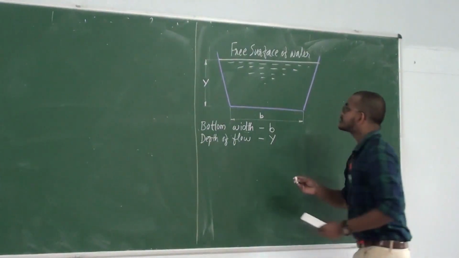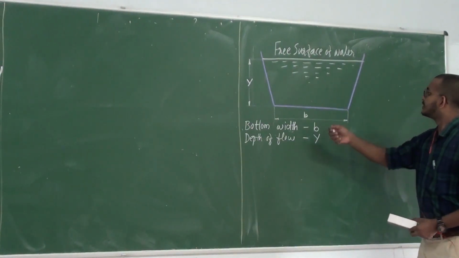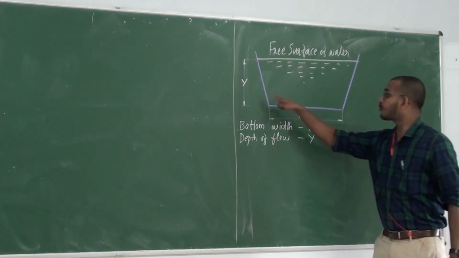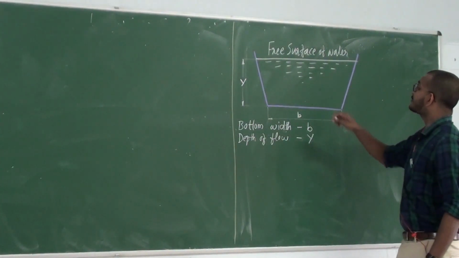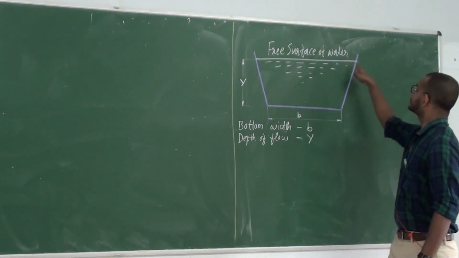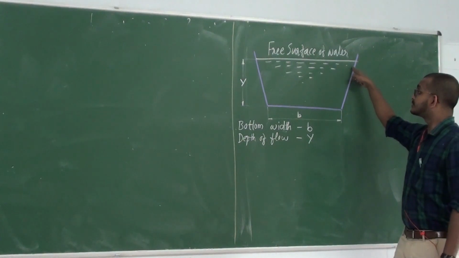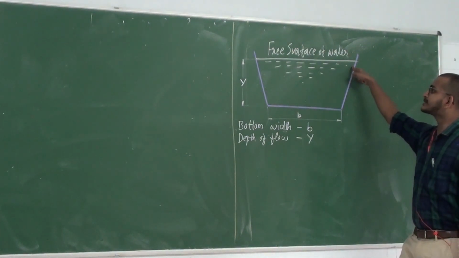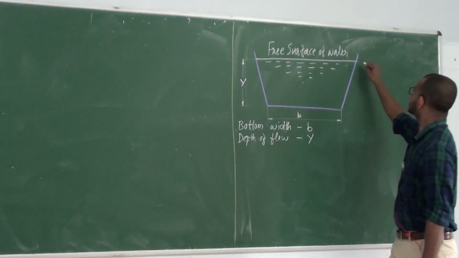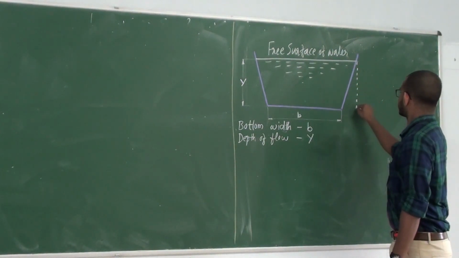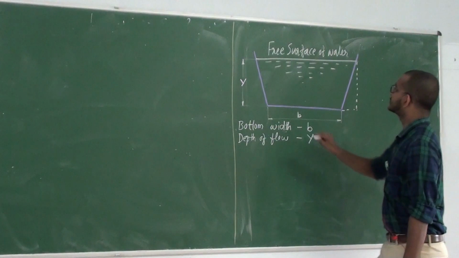So, let us focus on this figure, the trapezoid with the bottom width B and the depth of flow Y. We have to calculate the top width, or the length of the free surface of water. In order to calculate the top width, we can make this trapezoid into a rectangle.